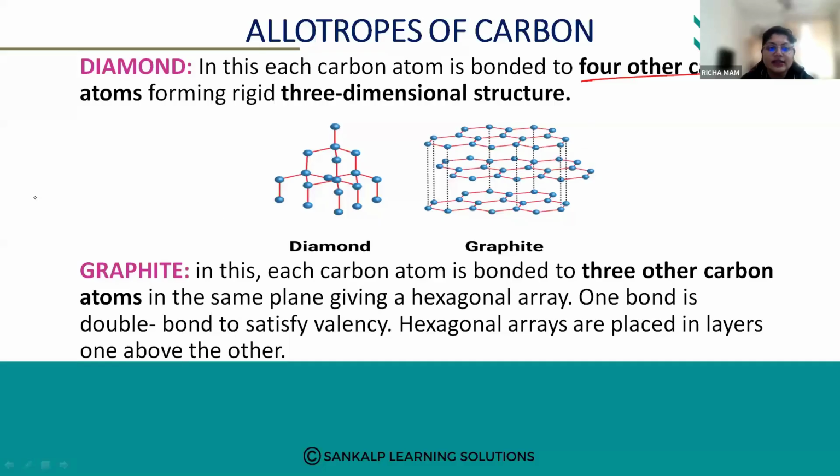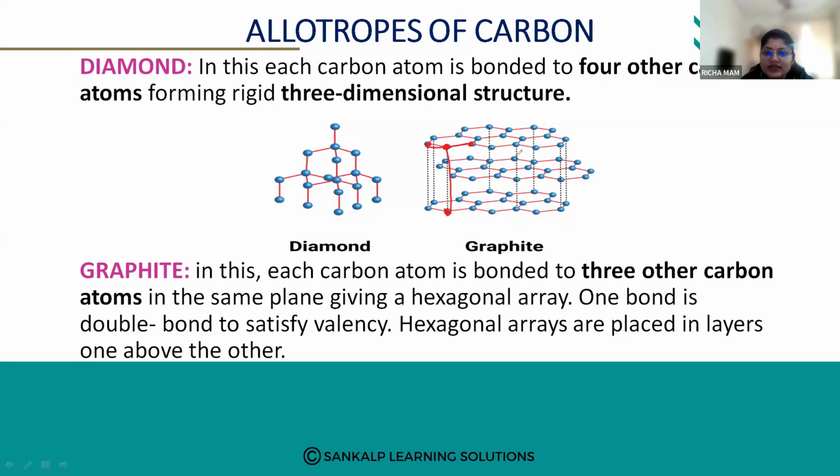Here you can see in graphite, let us look at one carbon atom. If I consider this carbon atom, it is joined to 1, 2 and 3.